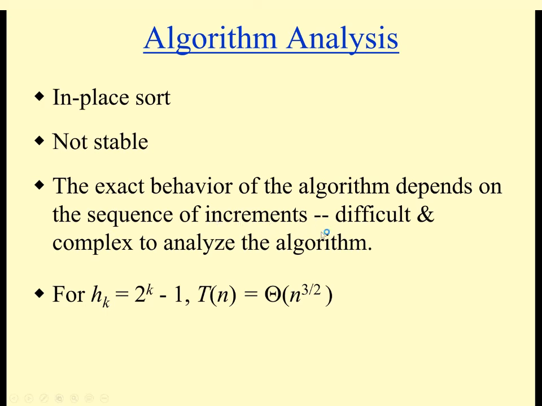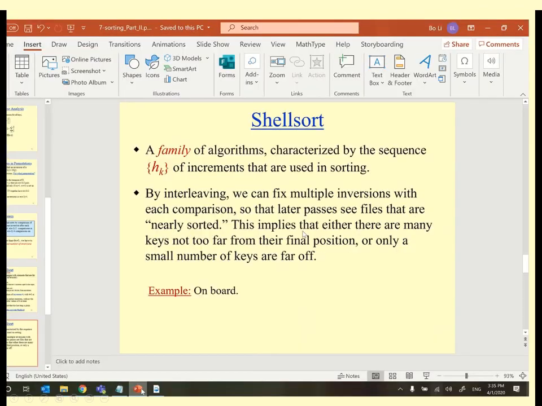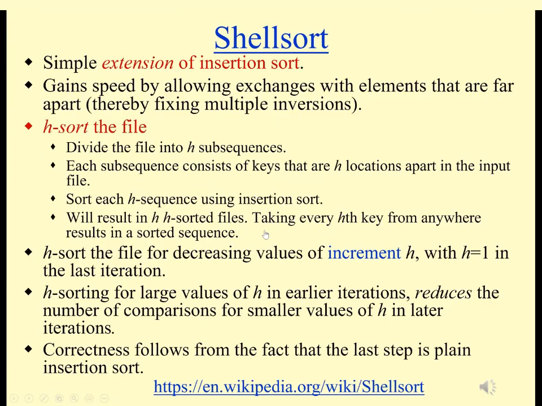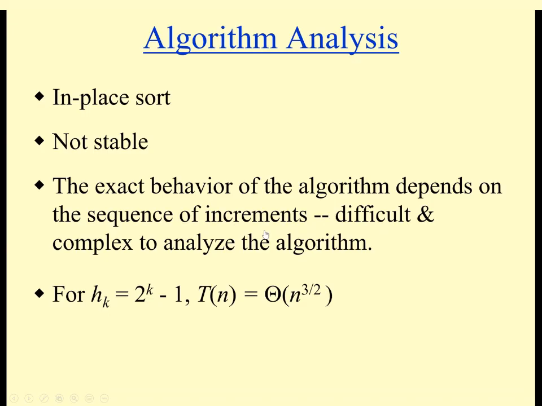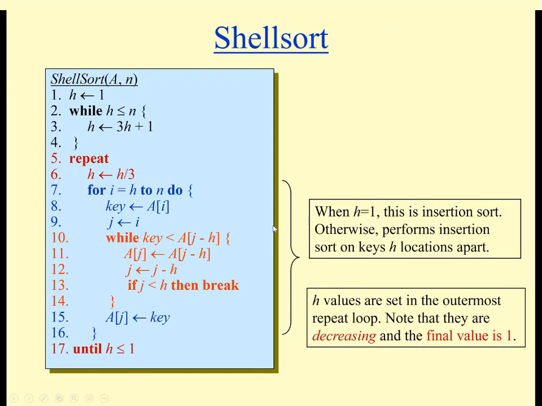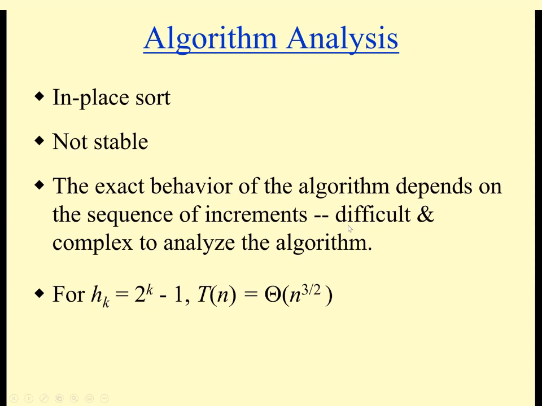So really, it's more difficult to do that because you need to add all the h together, correct? Like previously, we had the example h equal to 5, to 3, to 1. You need to add all of them together, and then you get the complexity, and it also depends on the subsequence. So that's beyond our scope.